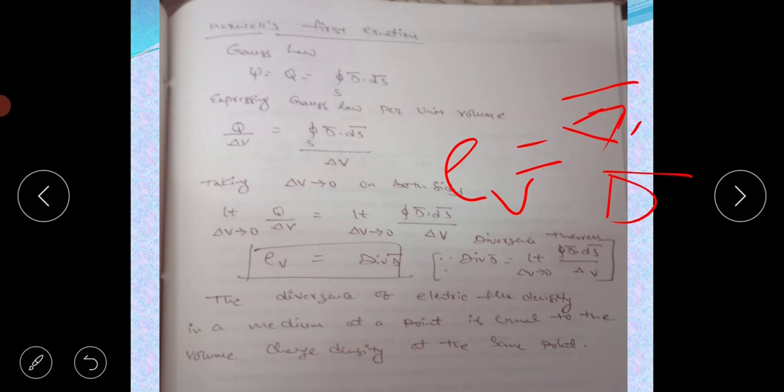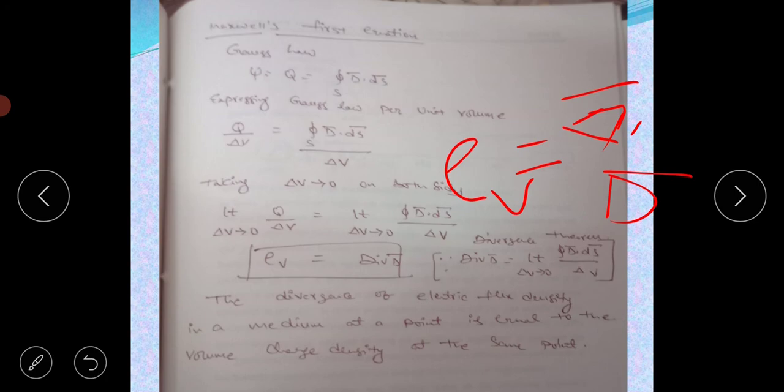Divergence of D bar means del bar dot D bar. The dot product of the del operator and a vector quantity is called the divergence operation. So finally Maxwell's first equation: rho v equals divergence of D bar, or divergence of D bar equals rho v, or del bar dot D bar equals rho v. Okay, this is Maxwell's first equation. It states that the divergence of electric flux density in a medium at a point is equal to the volume charge density at the same point.